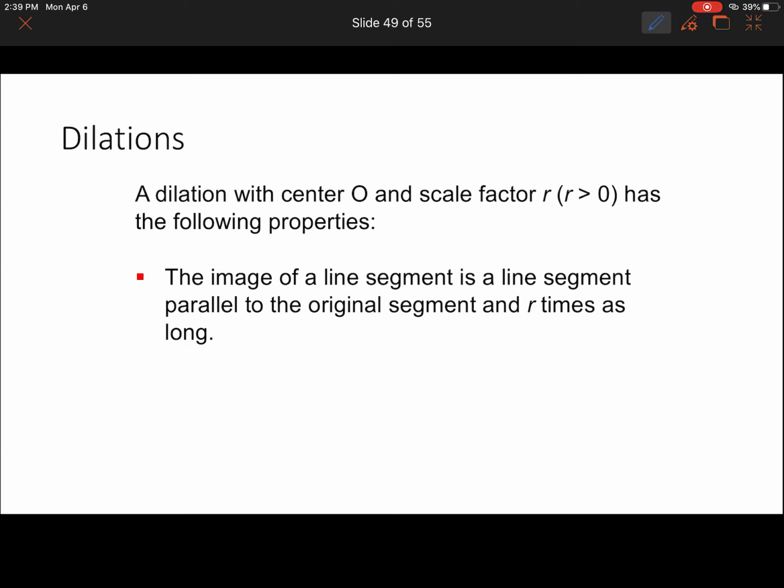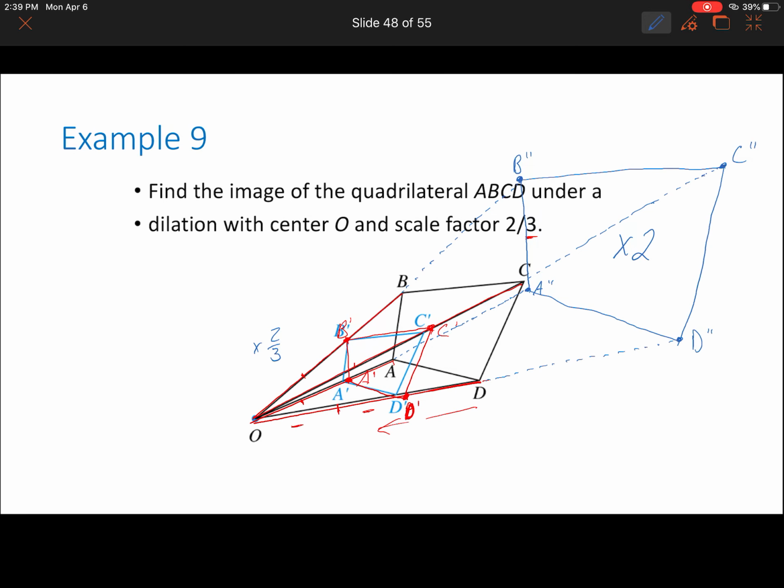So, a dilation with center O and a scale factor of R has the following properties. There's a couple properties here. The image of a line segment is the line segment parallel to the original segment and R times as long. So if you go back and look at this one, let's say this D double prime O, this segment here at the bottom, we extended it twice as long, right?